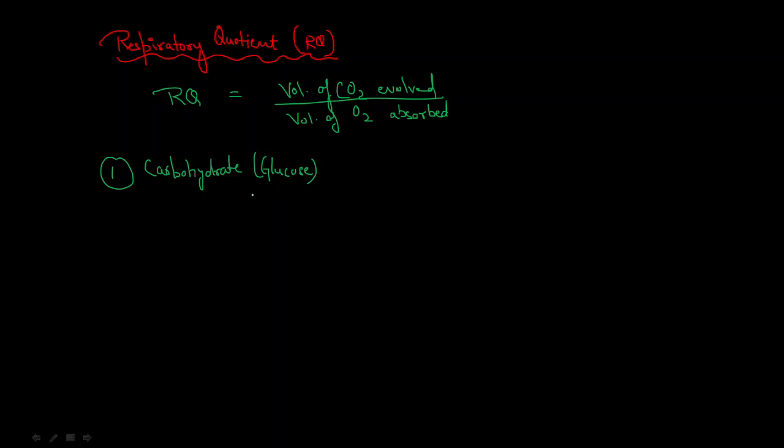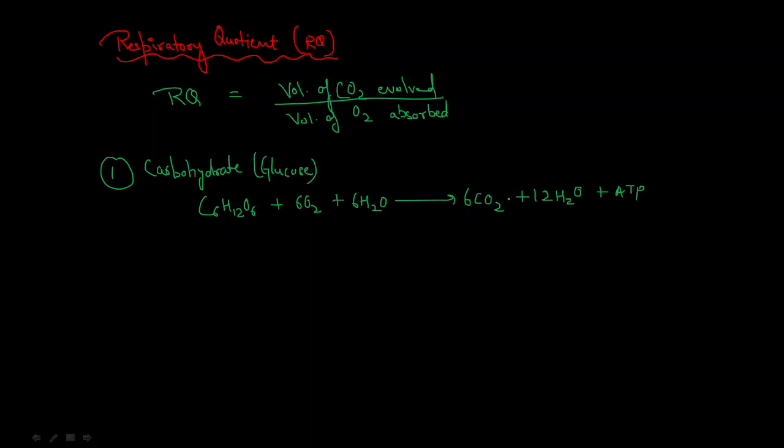the most commonly used respiratory substrate. If you consider glucose or carbohydrate as a respiratory substrate, the chemical reaction will be something like this: C6H12O6, that is glucose, combines with 6 molecules of oxygen in the presence of 6 molecules of water, and releases 6 molecules of carbon dioxide plus 12 molecules of water and some amount of energy.